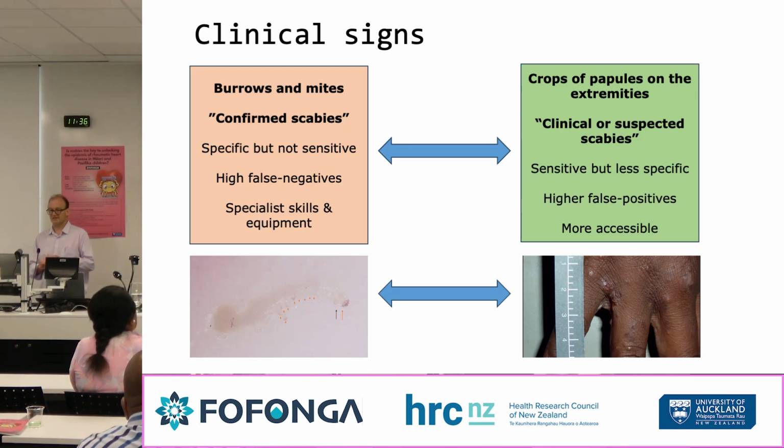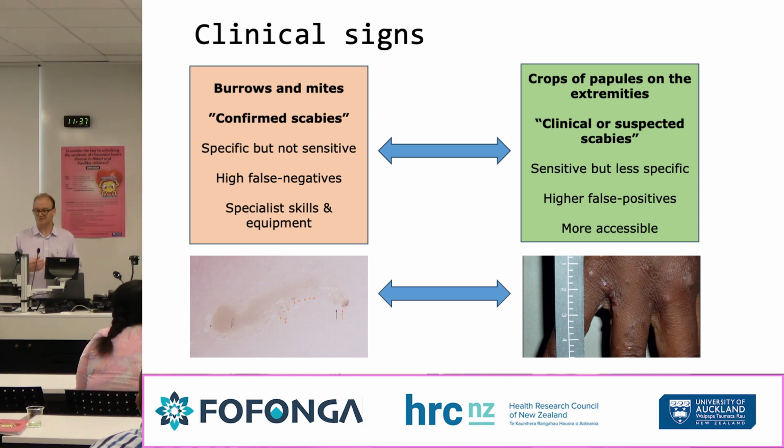So I think this kind of summarises the debate that occurred after the last talk, that there are these two different paradigms for diagnosing scabies. Burrows and mites: looking for burrows and mites.